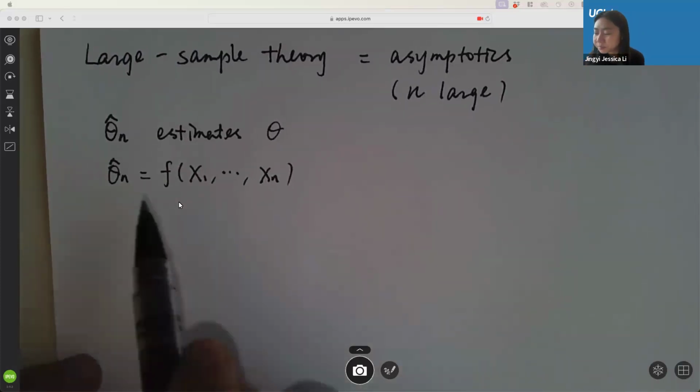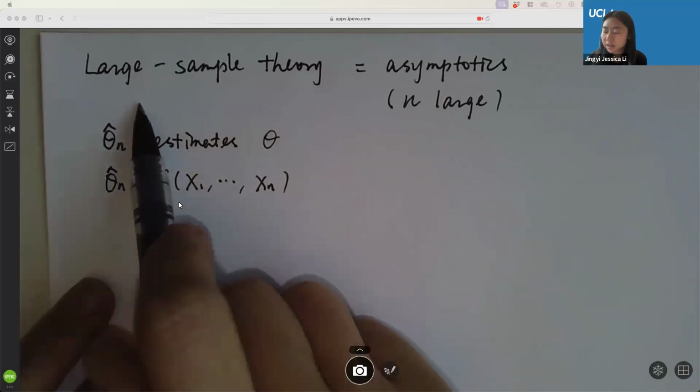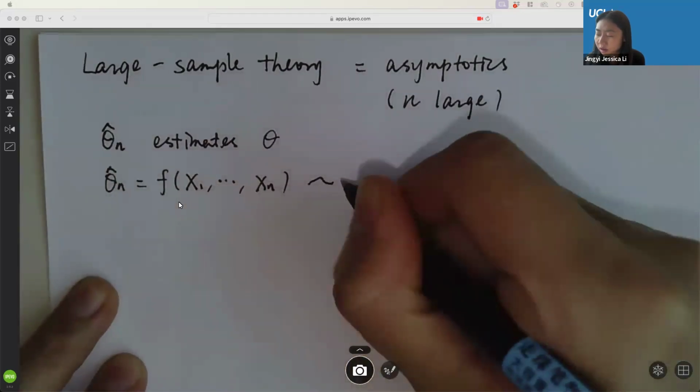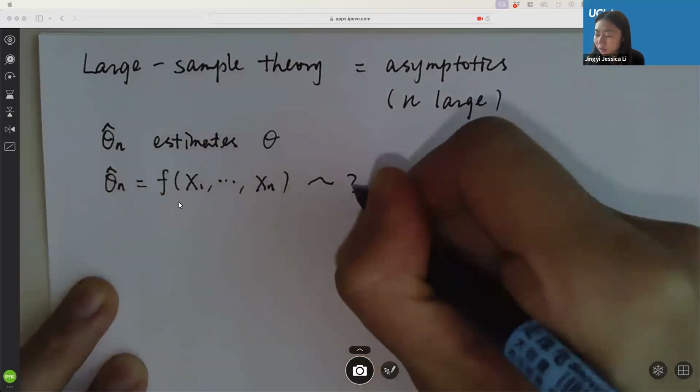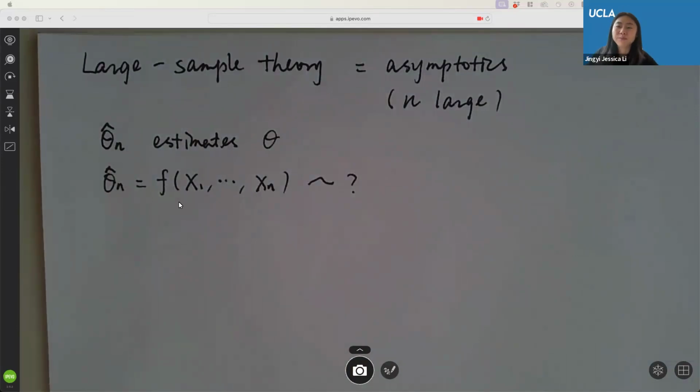So asymptotics or large sample theory is usually concerned with the distribution of theta hat n. Here the question is, what distribution does it follow? Can we get some nice closed form for the distribution?